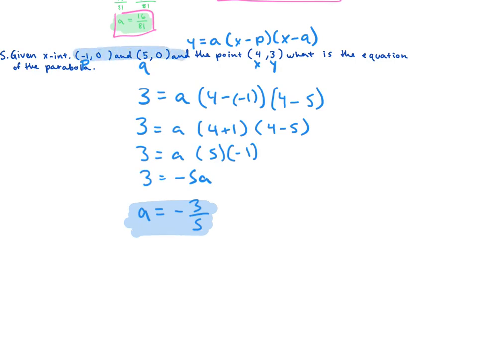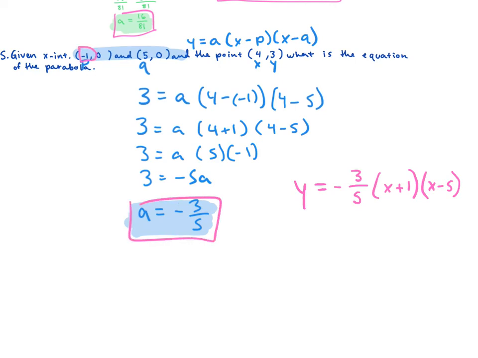Awesome. We plug back in our a, p, and q. So our new equation is going to be y is equal to -3/5 times x minus -1, which would become a +1, and x minus 5. Any questions here?